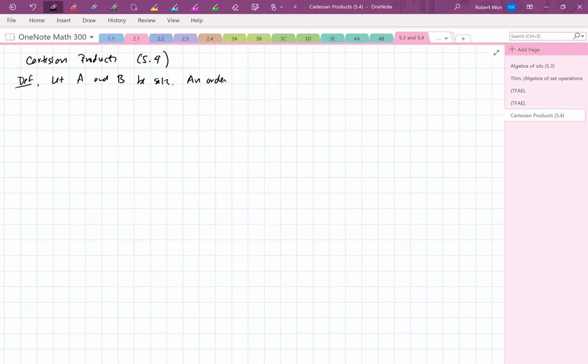An ordered pair is a single pair of objects (a, b) with a in A and b in B. Okay, so by ordered pair, we mean where order matters. In other words, the element from A has to come first, the element from B has to come second.